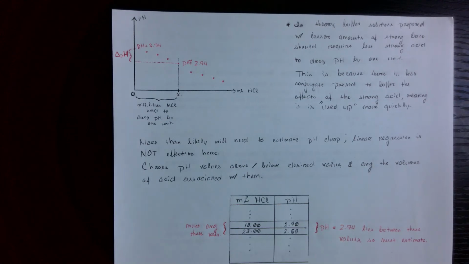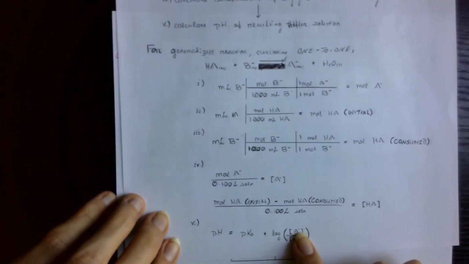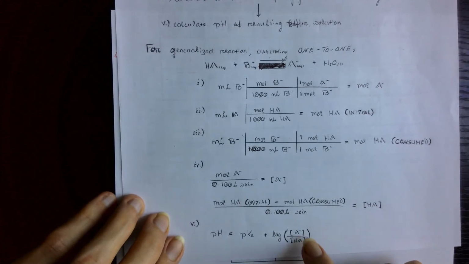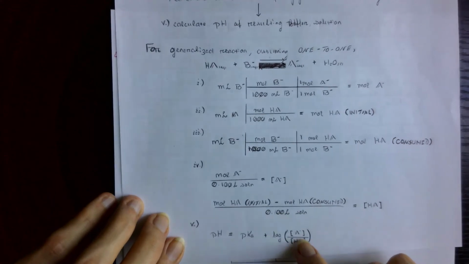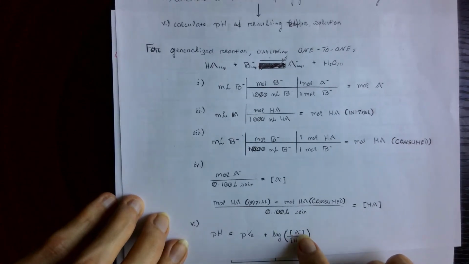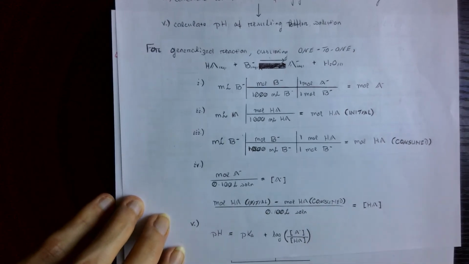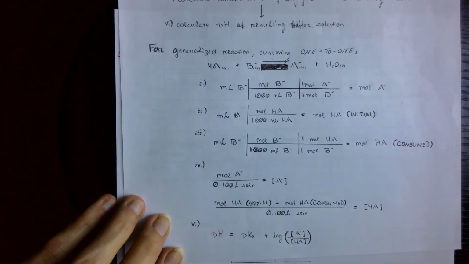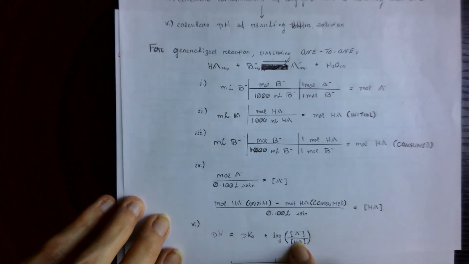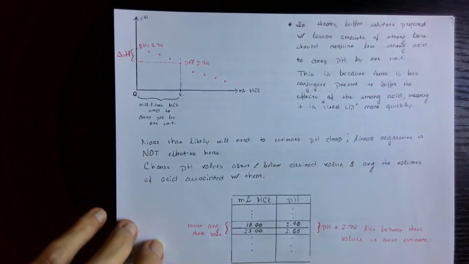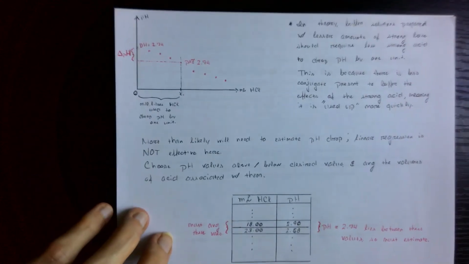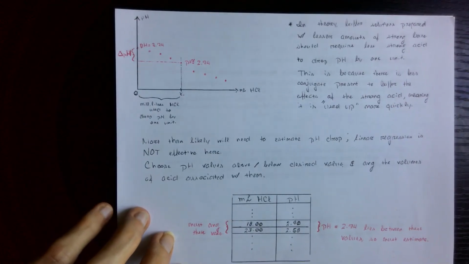So the ratio of conjugate base to weak acid for each successive solution is less, because you're making less conjugate base. What that means is this ratio of A minus to HA for each buffer solution is less than the previous solution. And what you should see is, as this ratio decreases, it should take less strong acid to affect the buffer's pH.